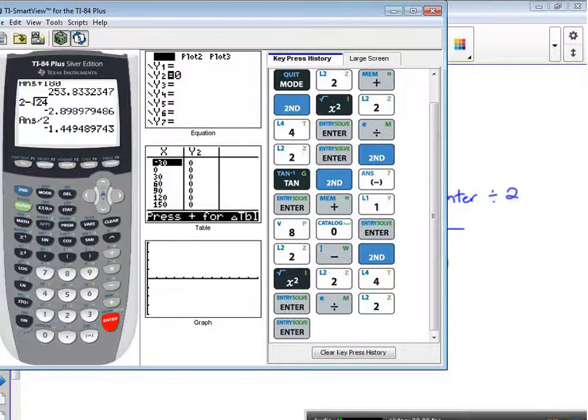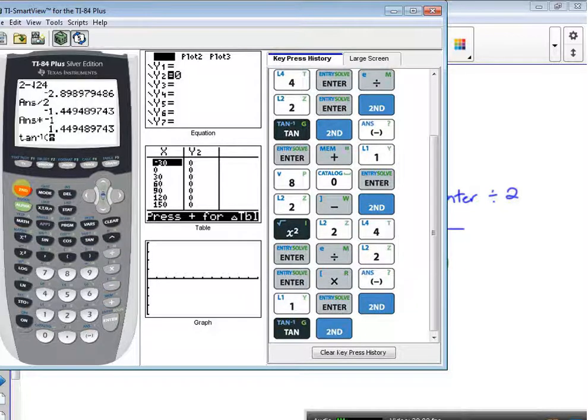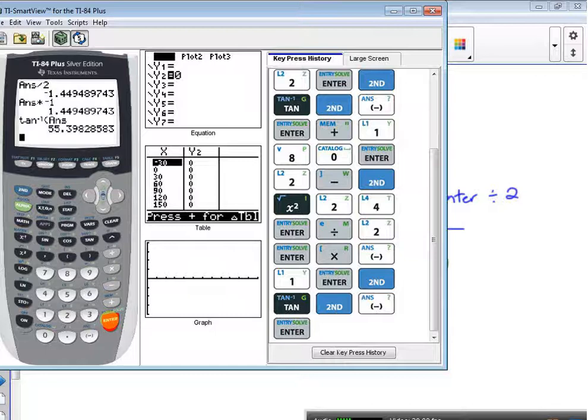I do not want a negative reference angle. So now I'm going to do second tan of second answer. So my reference angle is 55.398.